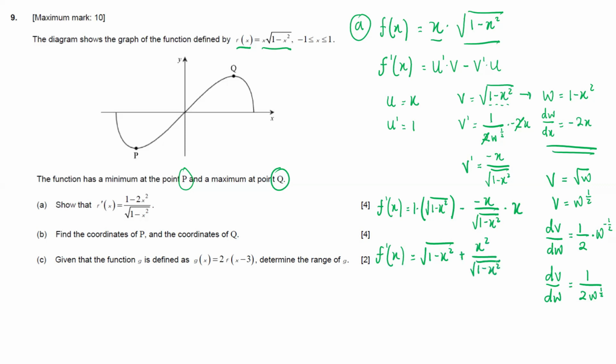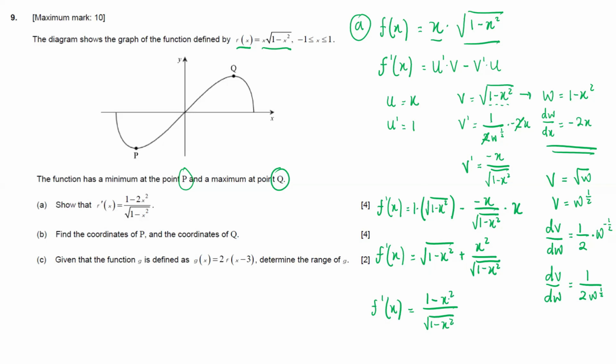Now, this is like a mixed number, so we can combine it by multiplying it and then adding x squared. So we'll have the denominator as the square root of 1 minus x squared, and then right here we will actually have 1 minus x squared.